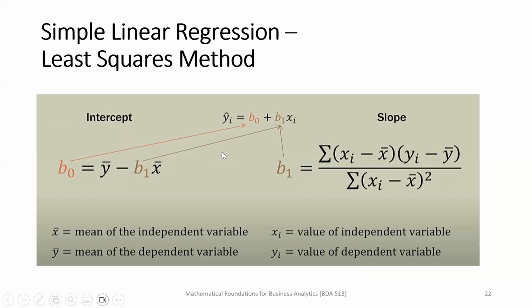So based upon this, you cannot calculate B0 without first calculating B1, because within B0, there is B1. So every time you should calculate the slope first before you come on to calculate the intercept. Any questions about this equation?